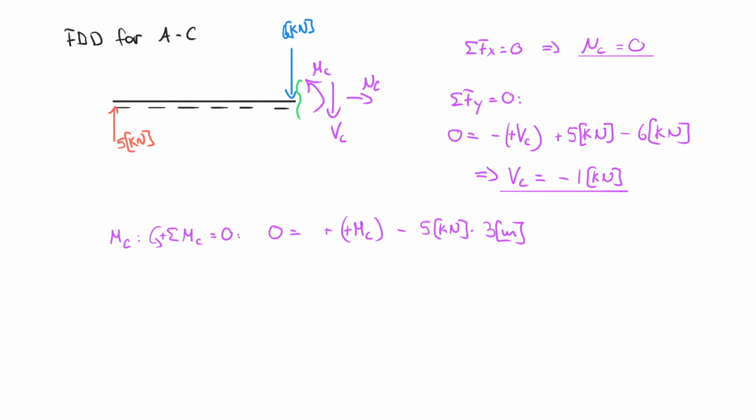And then I have to include the 6, but the 6 really has 0 lever arm, so you would say something like plus minus 6 kilonewton multiplied by 0 meters. That's really how that would work, but the distance again is so short that it has no effect. It would actually be positive because it would rotate counterclockwise, but let's forget about that.